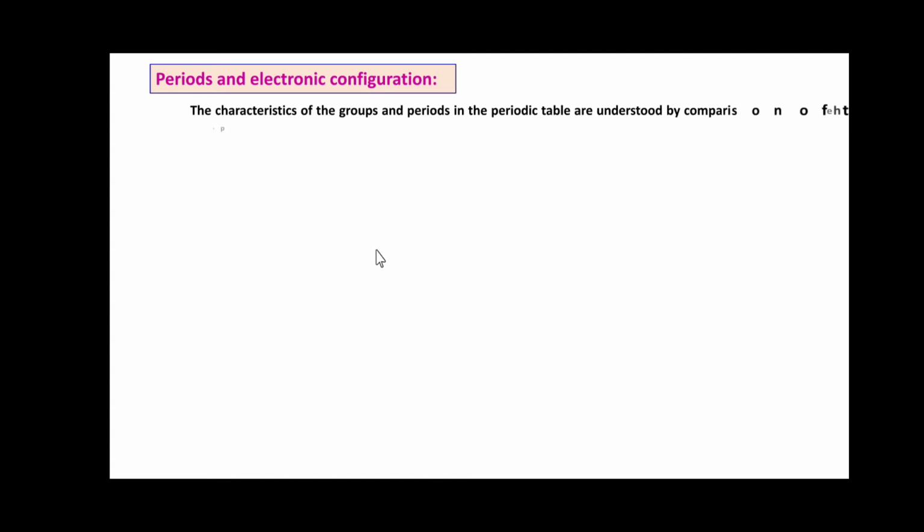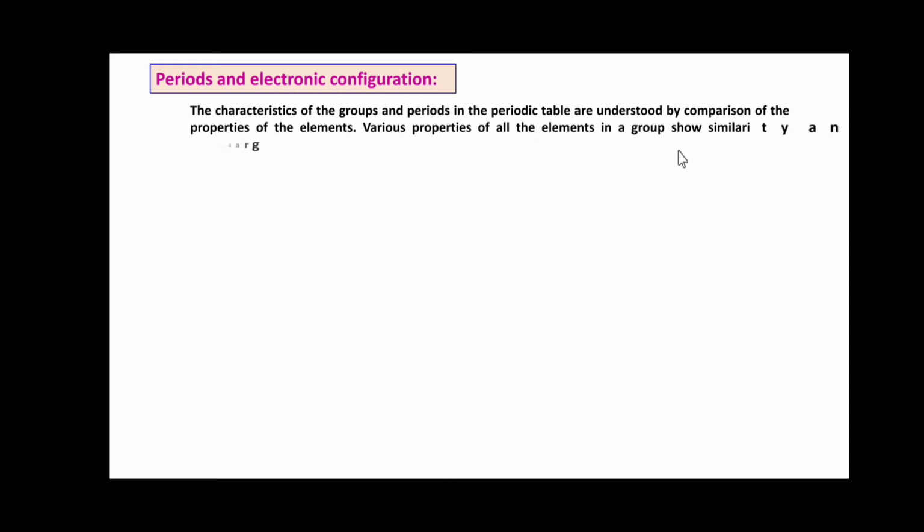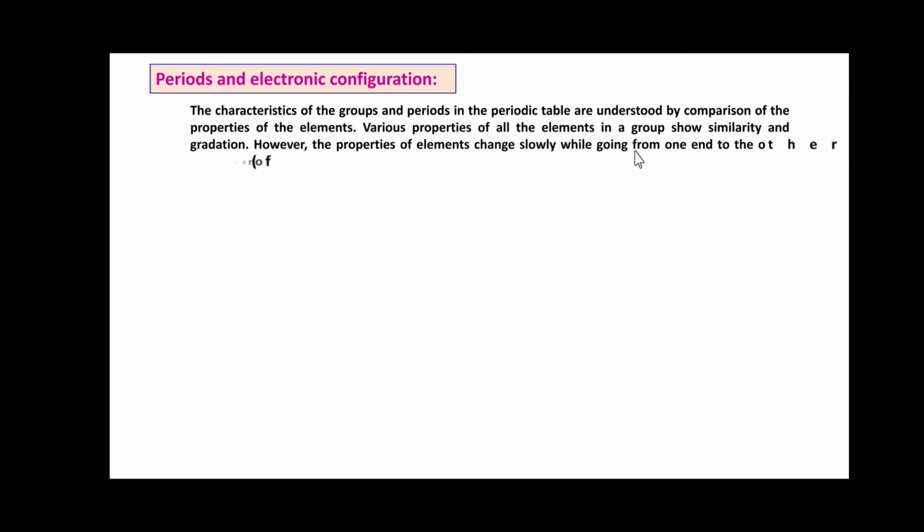So friends, we know that periods and electron configuration, before we start, we must go through a discussion on this. The characteristics of the groups and the periods in the modern periodic table are understood by comparison of the properties of the elements. Various properties of the elements in a group show similarity and gradation.